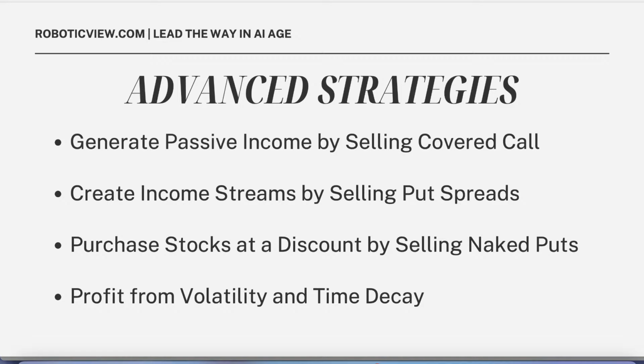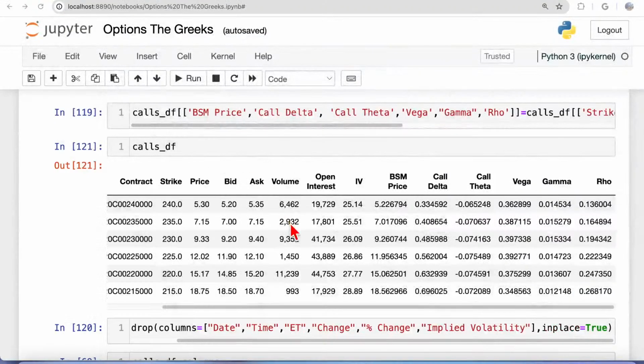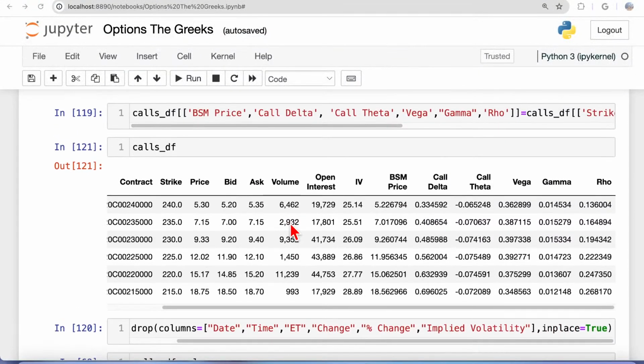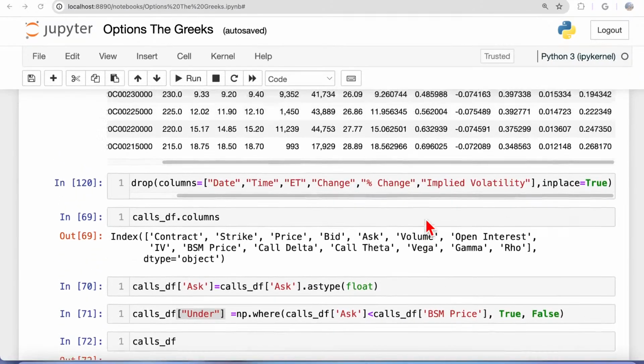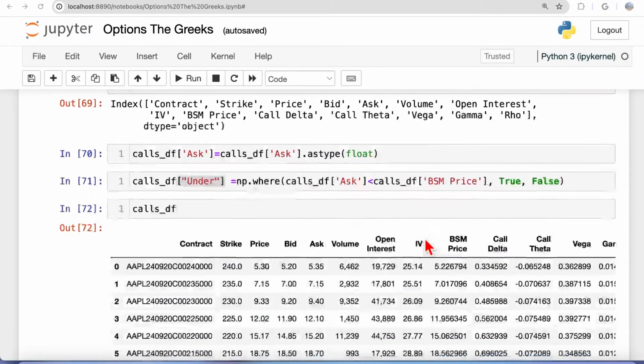We need to understand the Greeks, so we understand what will happen to the price of that contract in the future, and what we should expect to happen if the stock goes up or down. That's why this stuff is very important, and Python is a great help here, because you could analyze this. And just as a teaser, I have prepared this little example here. You could do conditional statements.